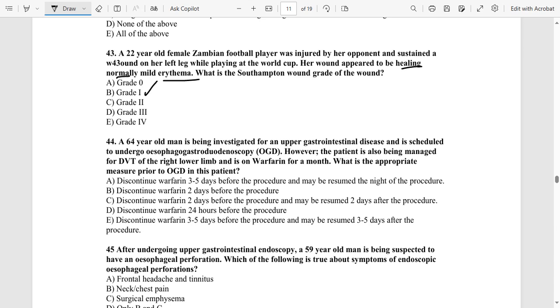And for warfarin, how does it really work? Its mechanism of action is that it will stop the production of clotting factors. It takes about 3 to 5 days for it to start working, because that's the time it takes for the clotting factors that were already produced to finish.